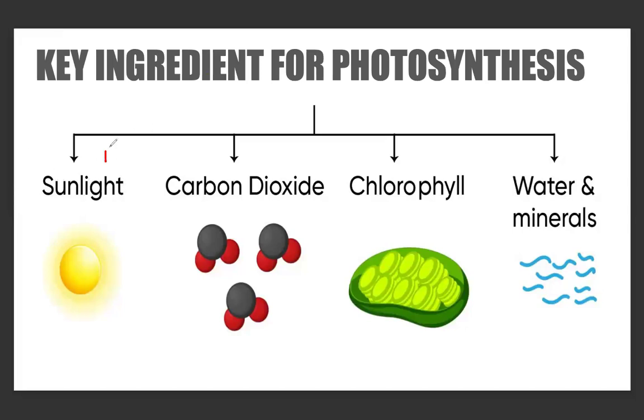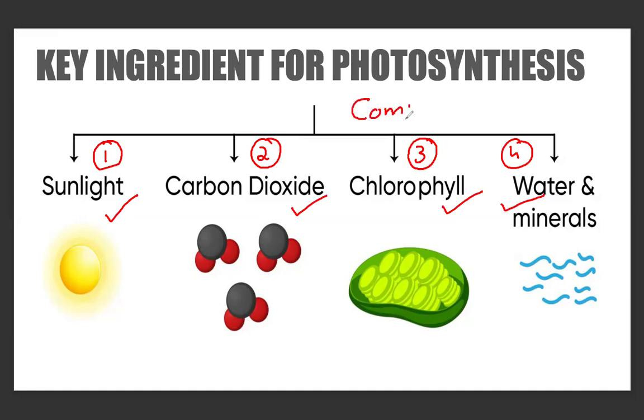The first one is sunlight, the second one is carbon dioxide, the third one is a green colored thing that is chlorophyll, and the fourth one is water. So these are the key components of photosynthesis. Photo means light, and synthesis means forming something, here by using light.